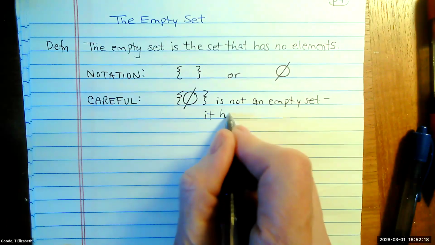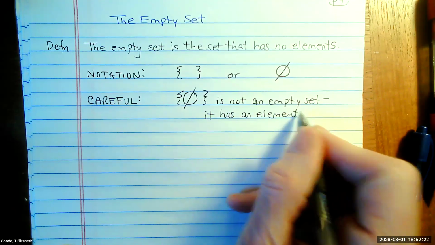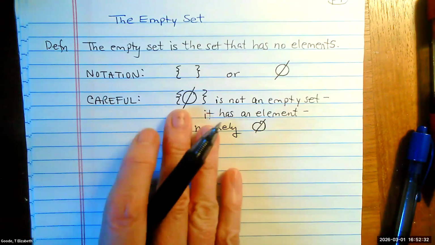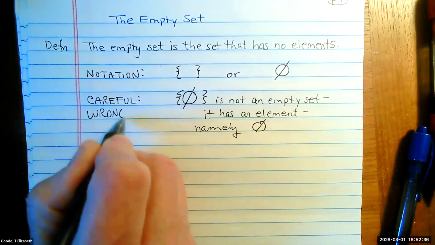It has an element, namely a single element, the empty set. So this is wrong notation.